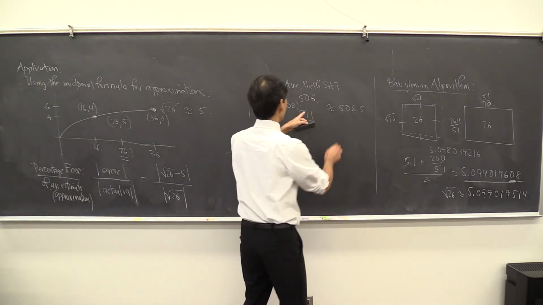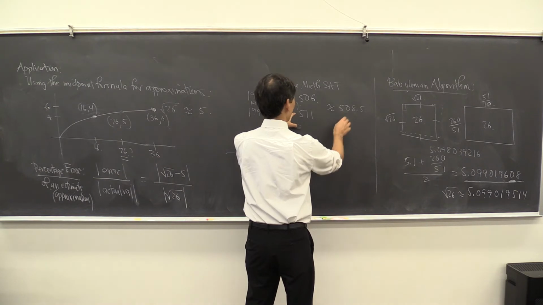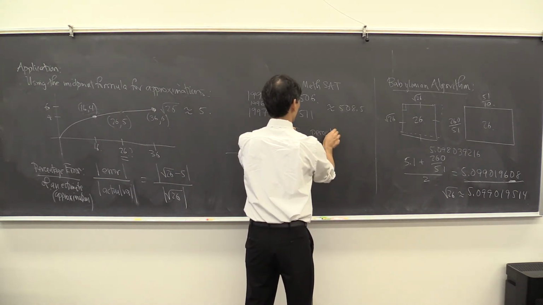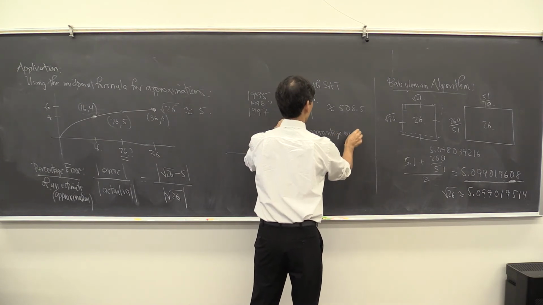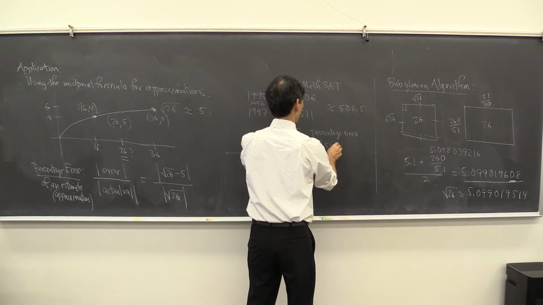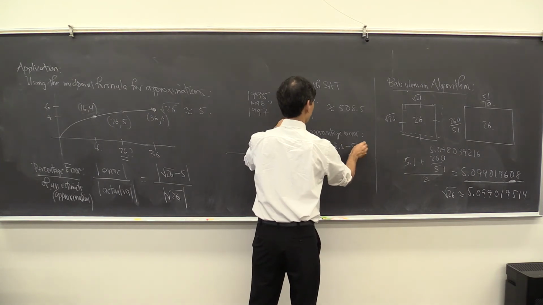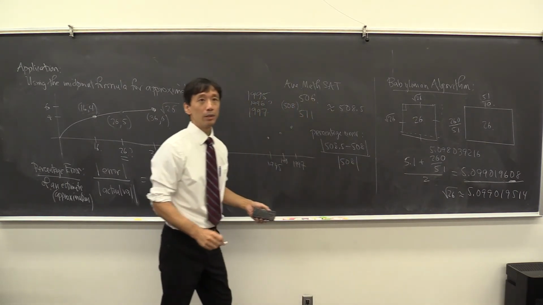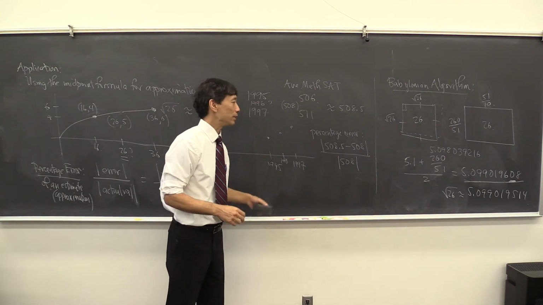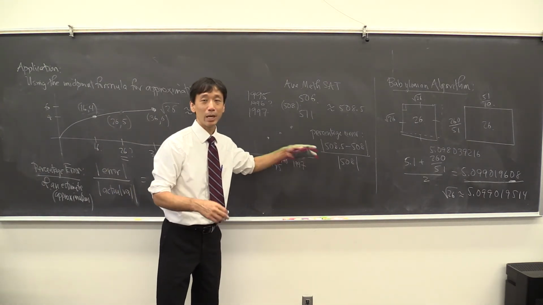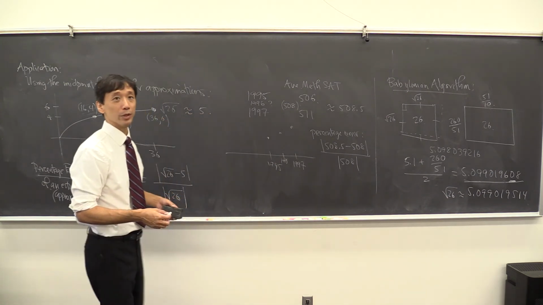Similarly here, the error was 0.5, so the percentage error is 508.5 minus 508 divided by the actual 508. If you multiply that by 100, that's how many percent your error is.